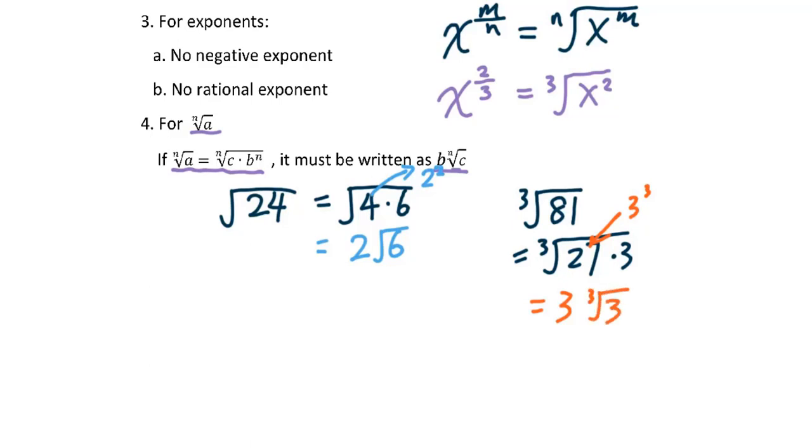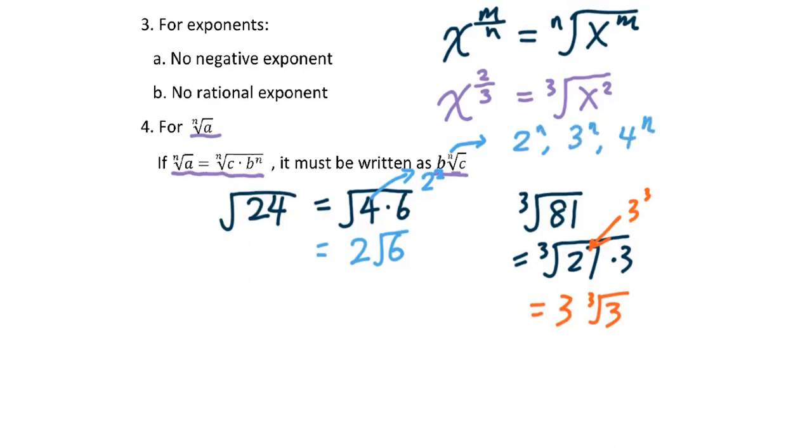When you're looking at the nth root, you have to get 2 to the nth power, 3 to the nth power, 4 to the nth power. We don't use this 4. Normally we use prime numbers: 2 to the nth power, 3 to the nth power, 5, 7 to the nth power and so on.